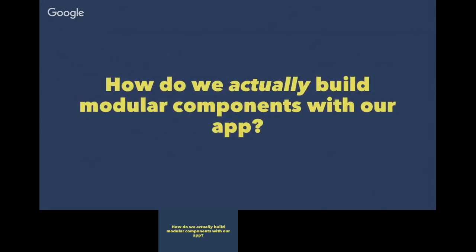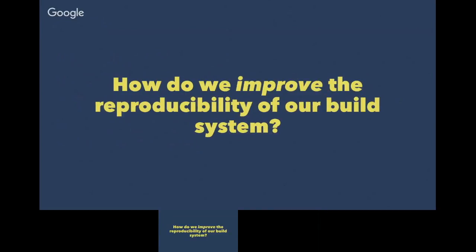But how do we actually build modular components in our build system? And how do we improve the reproducibility of that system? When we first set out to build different frameworks, one thing we started to do was look at our existing tools.